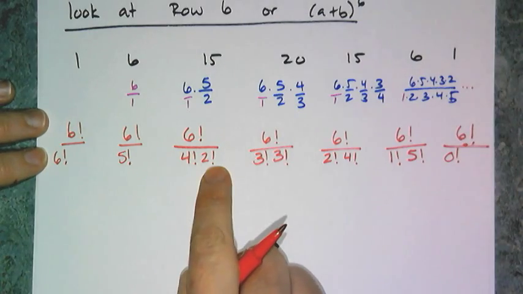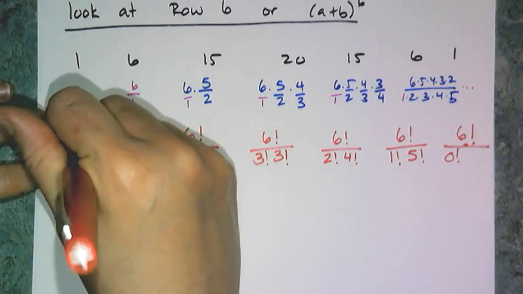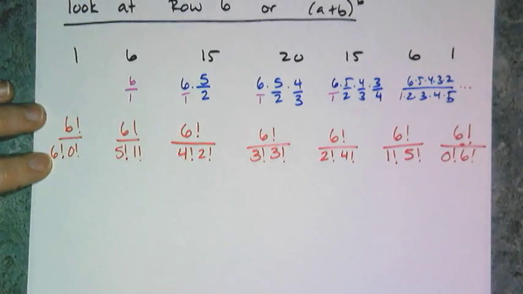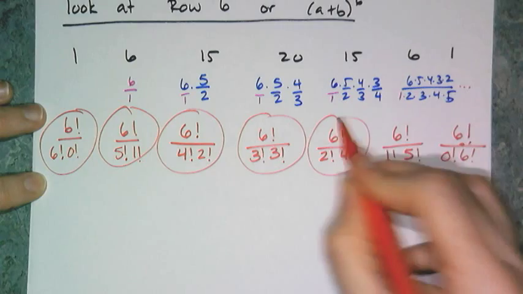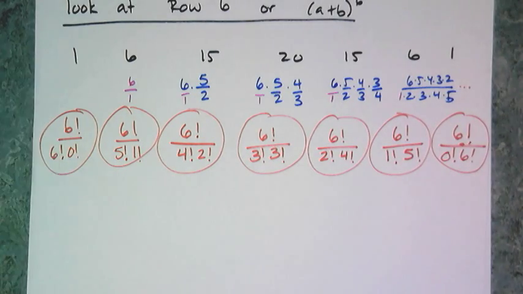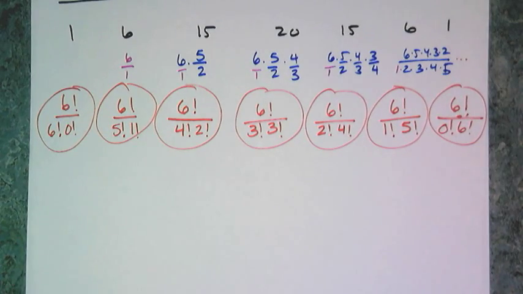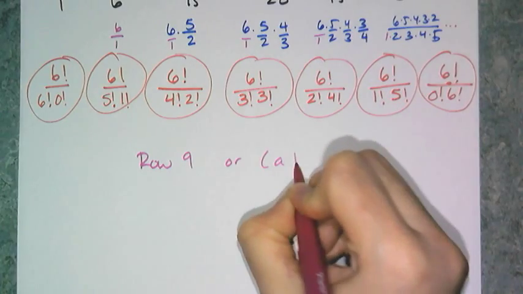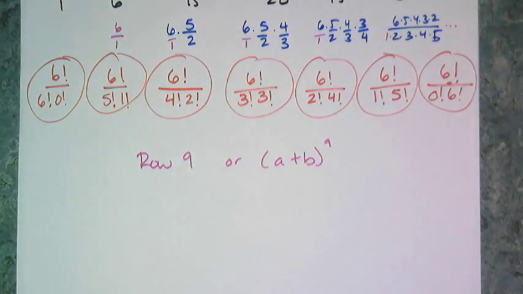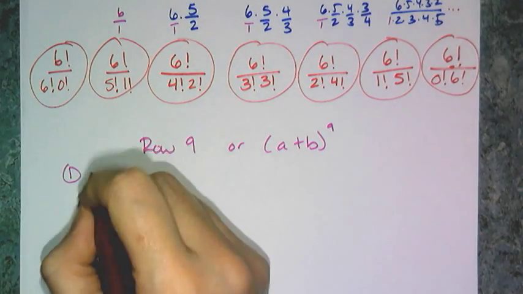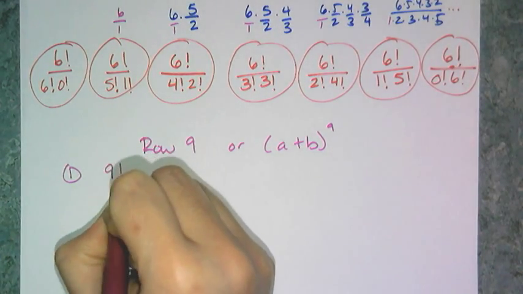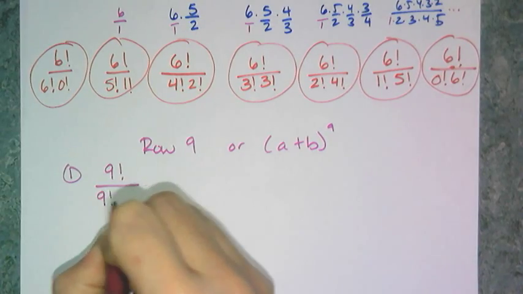And this second number increases starting from 0, and it goes all the way up to 6 factorial. And this is how you generate each of the terms in row 6 of Pascal's triangle. So using this information, if I know I want the coefficients for, say, row 9, or the coefficients for a plus b raised to the 9th power, the very first number in the triangle is going to be generated by 9 factorial divided by 9 factorial 0 factorial.